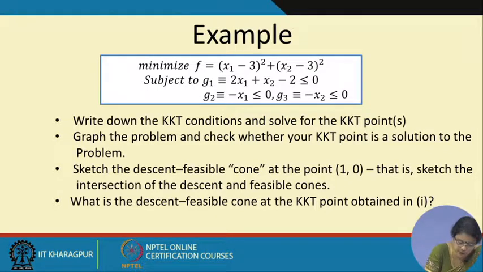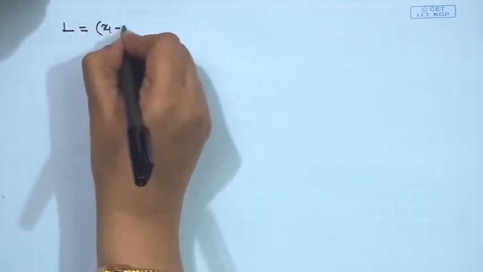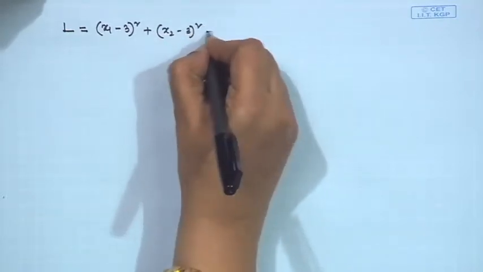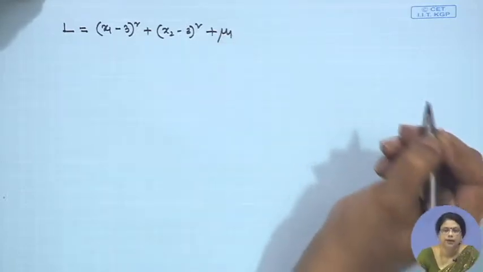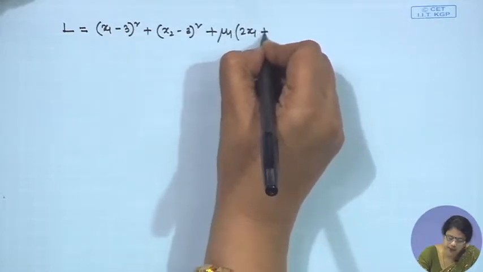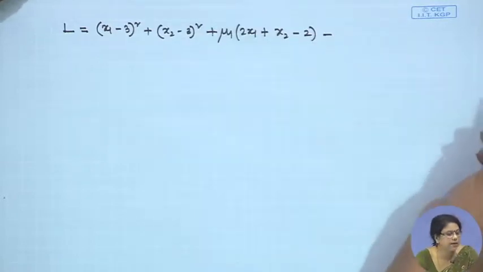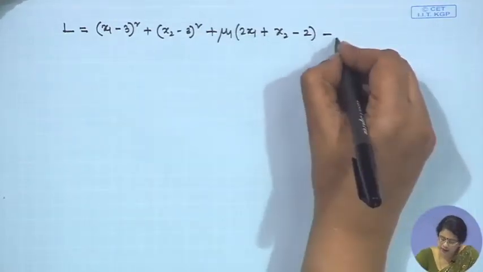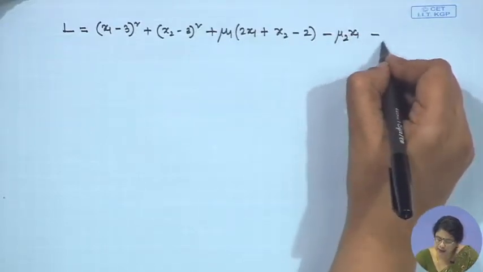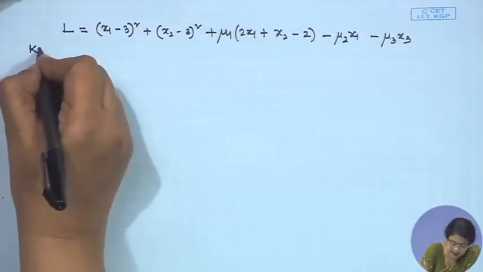Let me first formulate the Lagrange function L. L is equal to (x1 minus 3) whole square plus (x2 minus 3) whole square plus the first KKT multiplier mu 1 into (2x1 plus x2 minus 2) minus mu 2 x1 minus mu 3 x2.